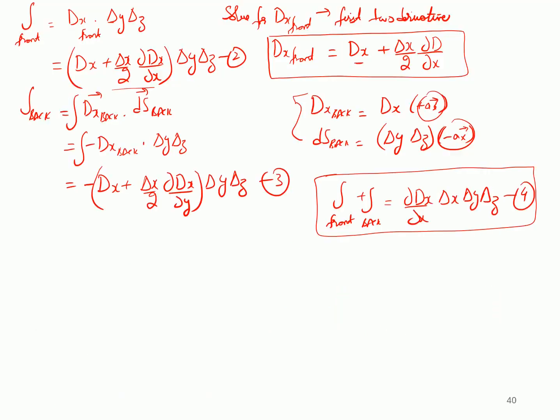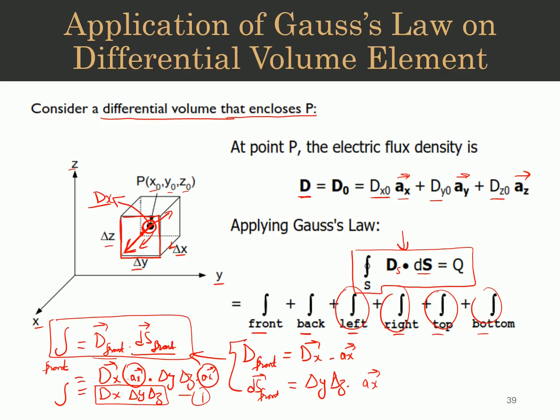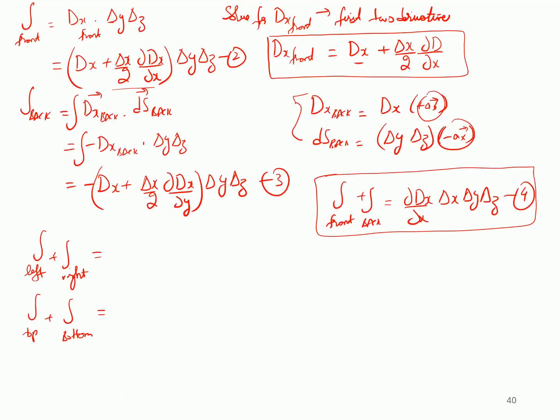So if I write the equation for my left and right, and then the equation for my top plus bottom, the left and right have the values along the y-axis, so I can just replace dx with dy, but this will be the partial derivative along y, and the main steps will be the same, that is the small differential elements will be delta x, delta y and delta z.